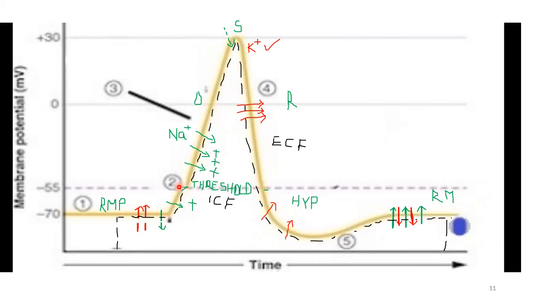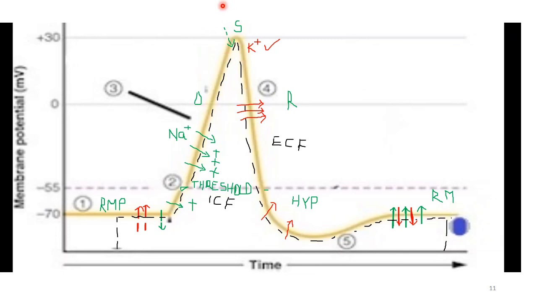But at the level of threshold, when it becomes more depolarized, there is more entry of sodium ions. It is an example of a positive feedback mechanism or regenerative cycle. So you will find more entry of sodium ions and it becomes more positive. It goes on until there is inactivation of the sodium channels, shown in the dotted line.